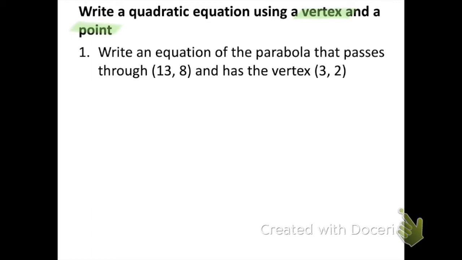So every time you come to these problems, the very first thing you should do is write those 2 points down and label one of them as x, y and one of them as h, k. The vertex is always going to be h, k. And then the other point will be x, y. Next, we're going to start by writing out the form that we're using, which again is vertex form.